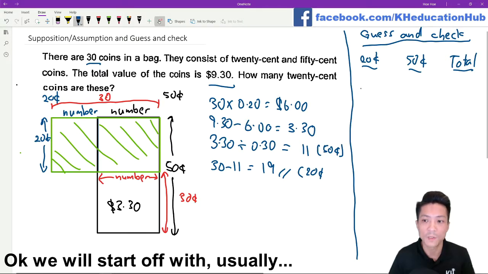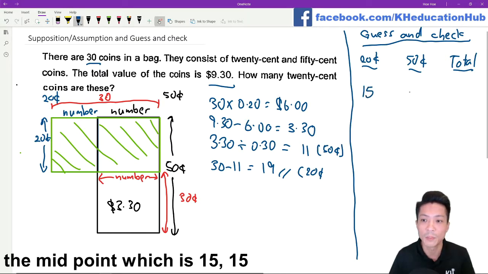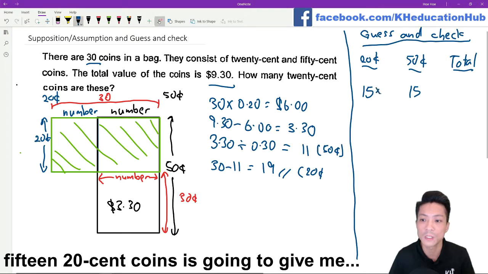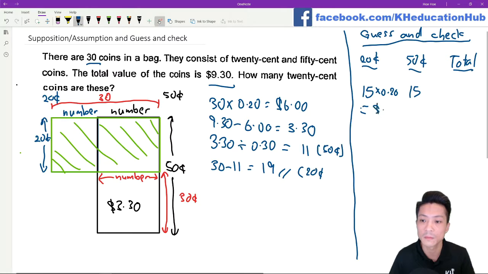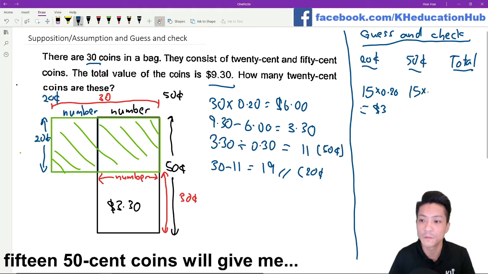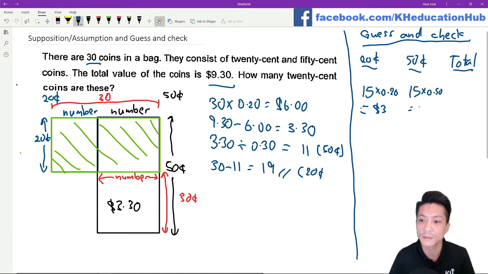We will start off with usually the midpoint, which is 15. 15 20-cent coins is gonna give me $3. 15 50-cent coins will give me $7.50.